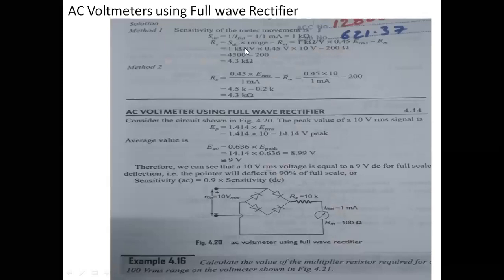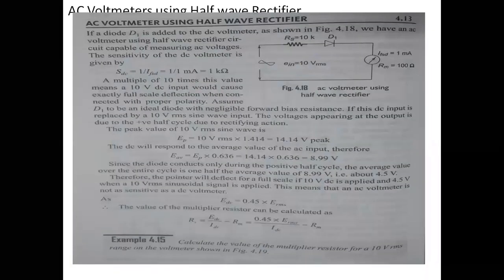First of all, we will calculate the sensitivity, which is 1 kilo ohm per volt. For an input of 10 volts RMS range, find the multiplier resistance.